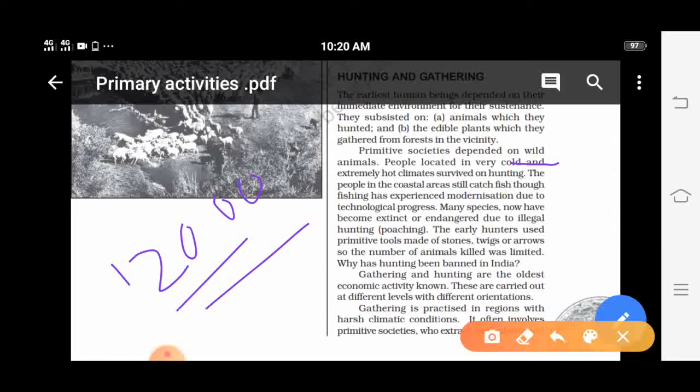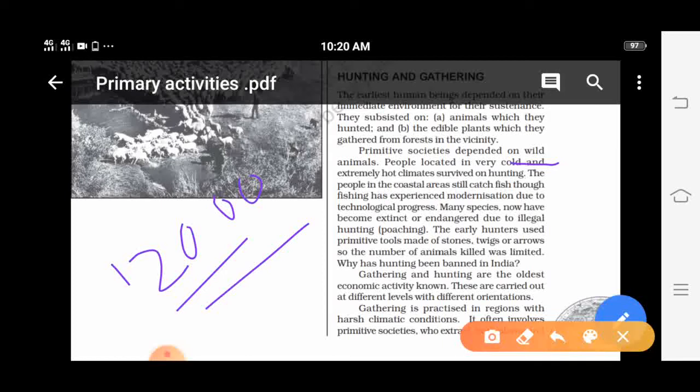Okay, people in the coastal areas, even today, they catch fish. Although fishing as a primary activity has today become commercialized because of technological progress. The earliest people used tools, spears and bow and arrows to kill animals.